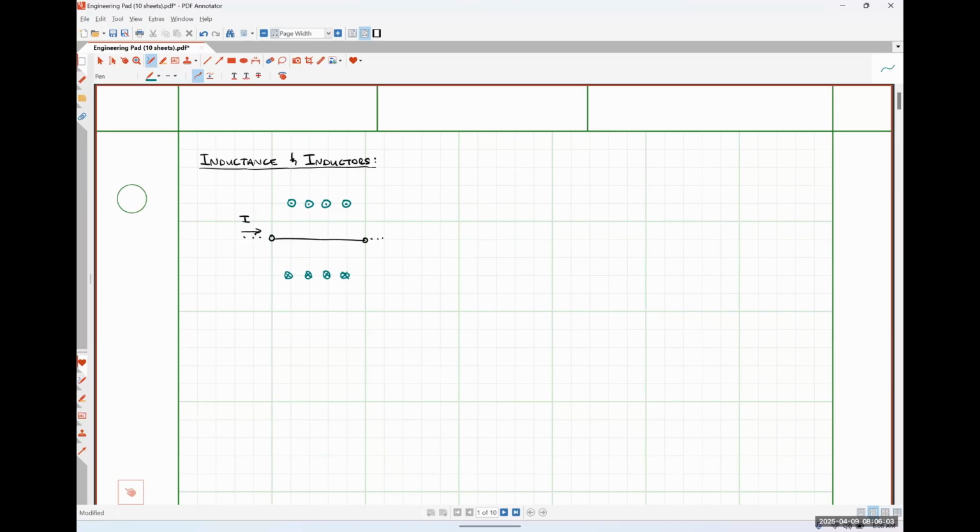So if we take this a step further, and instead of having just a long straight wire, what if we made a ring of wire and drove some current through that circular loop? So let's choose for our current I to be flowing around this loop in a clockwise direction.